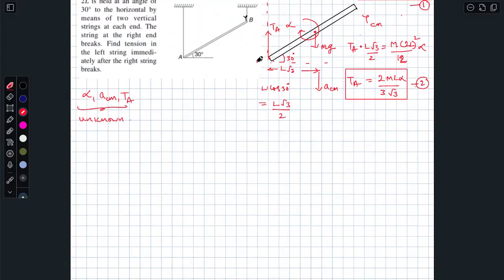Now point A will have L alpha acceleration, a_CM acceleration. Agreed? Try to understand.